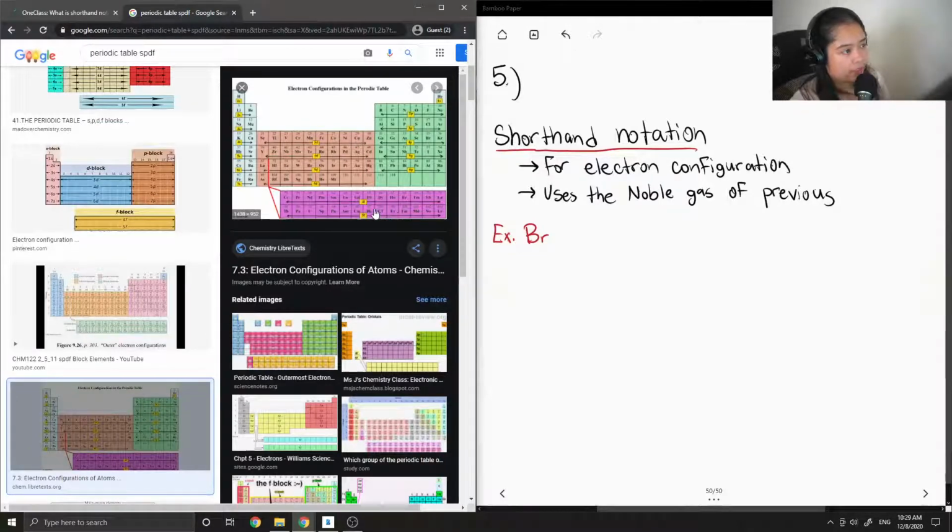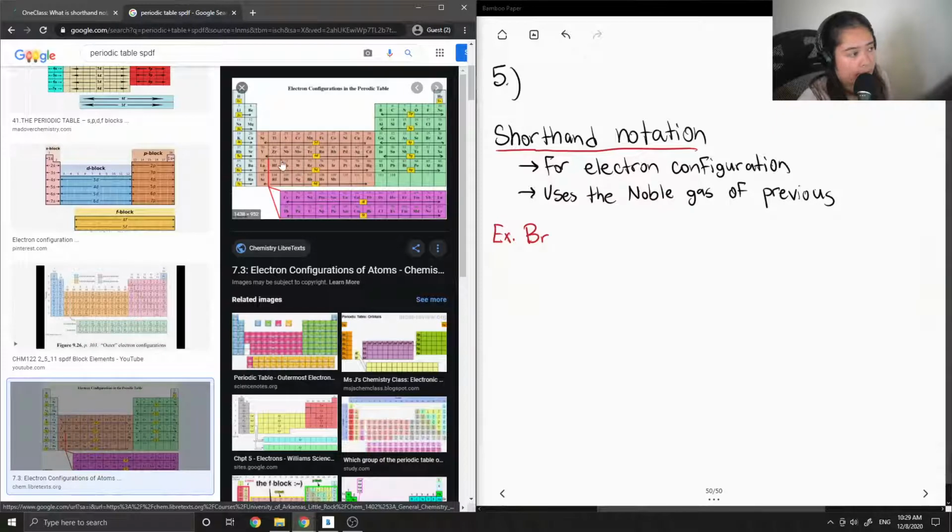Okay, so here's the periodic table, and you can see that it has different sections. So this is the S block in the light blue. In the middle here with the transition metals, this is the D block. And the P block is this orange. And the last two rows are the F block.